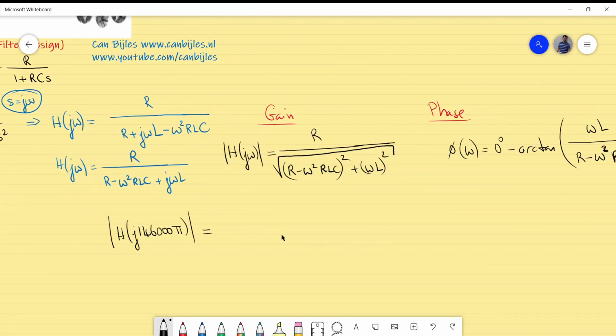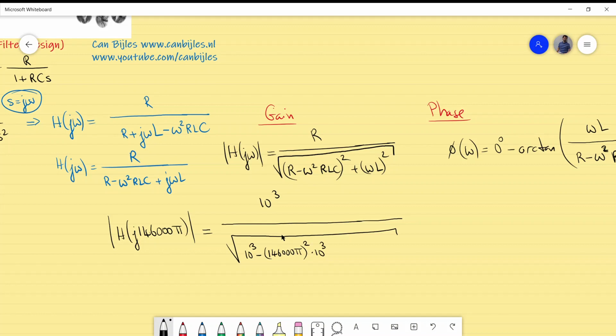So what do I have? I have 1000 on top, and I have a very big factor, so it'll be 1000 minus the cutoff frequency squared times 1000 times LC, and the whole quantity I will make in brackets to make sure it's correct.